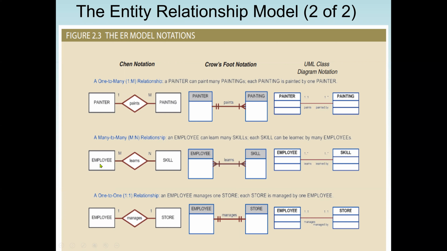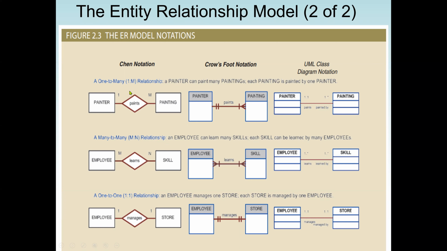Another example: many employees learn many skills, because this is M and N, which is a many-to-many relationship. Always the entity will be a noun and the relationship will always be a verb. Here we have one-to-one, where one employee manages one store.